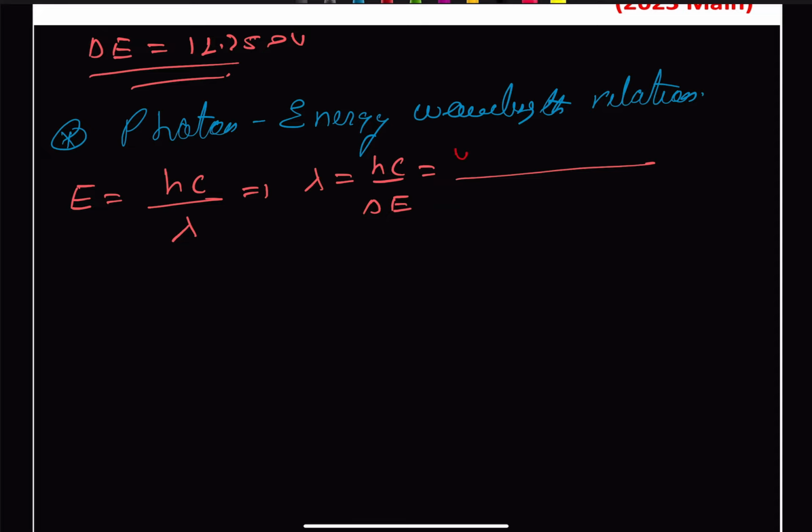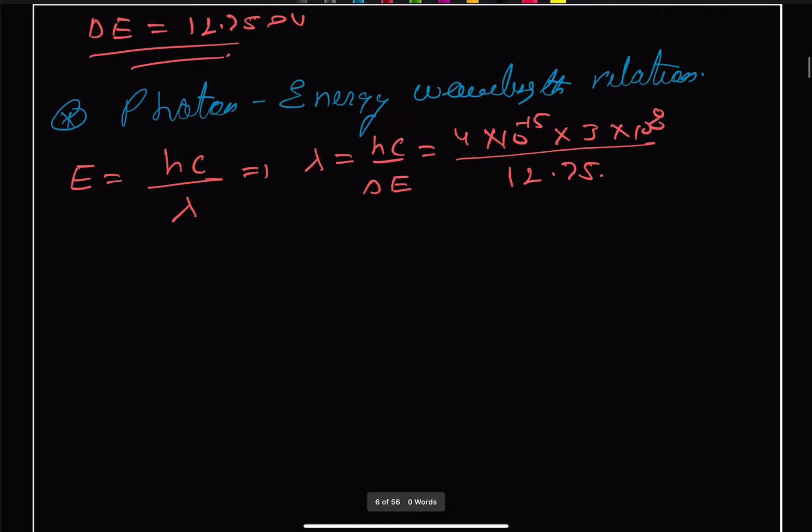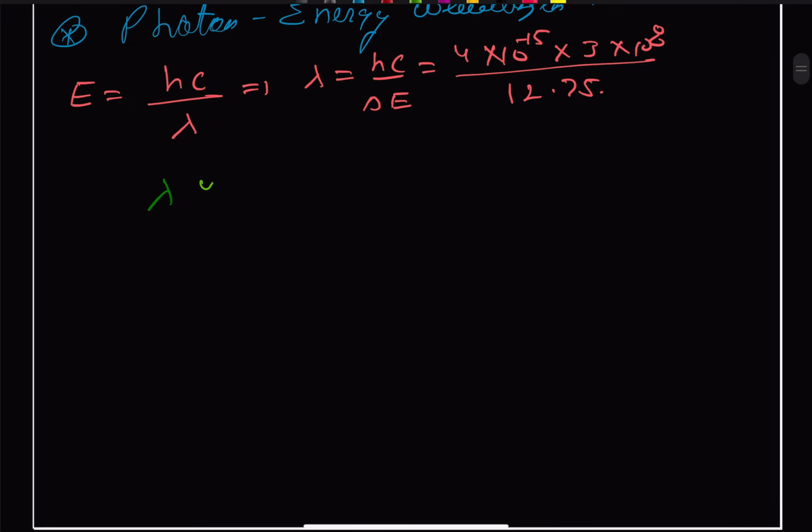H is given as 4 into 10 to the power minus 15, and speed of light is our 3 into 10 to the power 8. Delta E we found out is 12.75, and this gives us that lambda will be approximately equal to 9.41 into 10 to the power minus 8 meters.